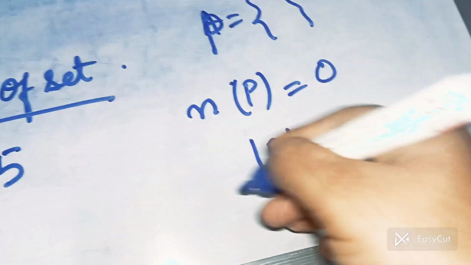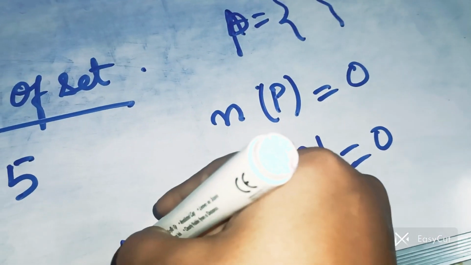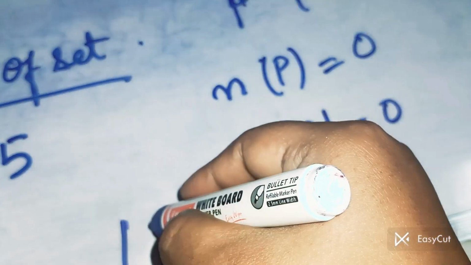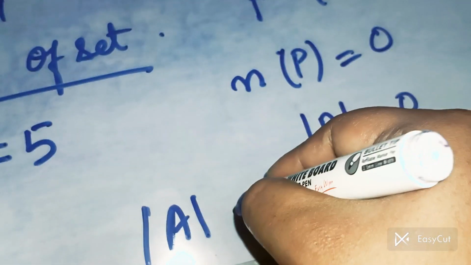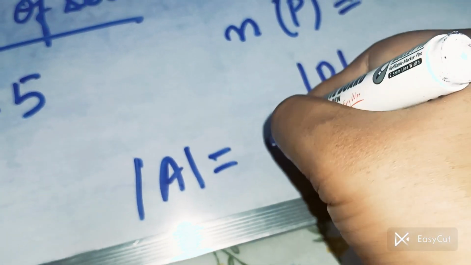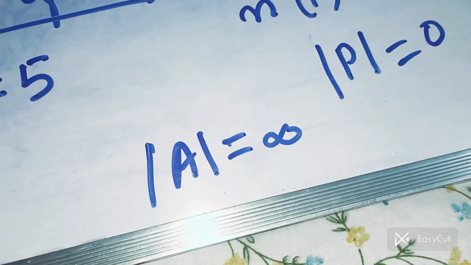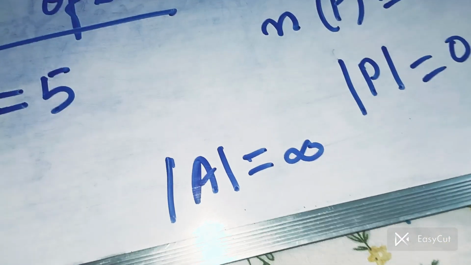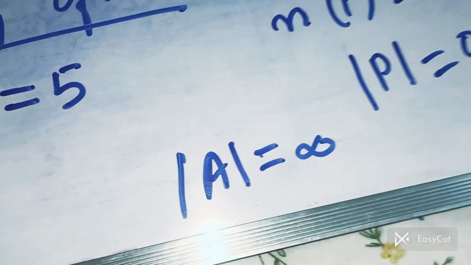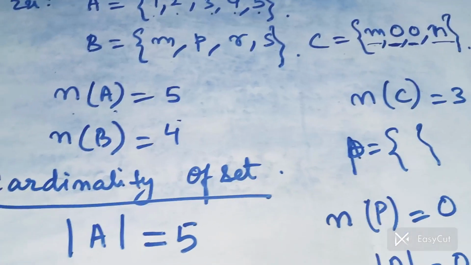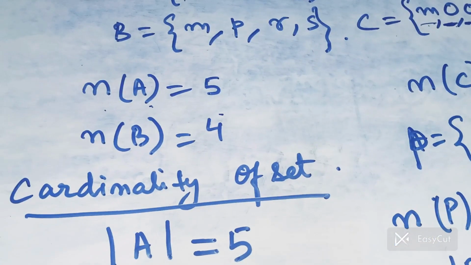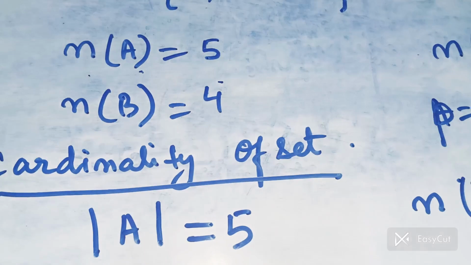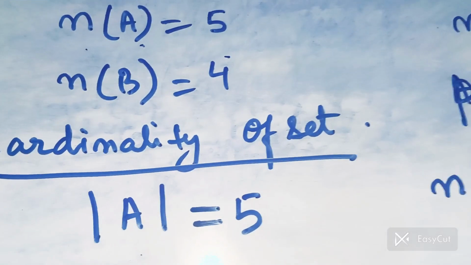Cardinality of an infinite set: suppose a set is there whose number of elements is infinite, suppose A is infinite set, then cardinality we will write as infinite. Cardinal number of infinite set is not defined actually. Cardinal number means number of elements in the set, but in infinite set we cannot count it, isn't it?